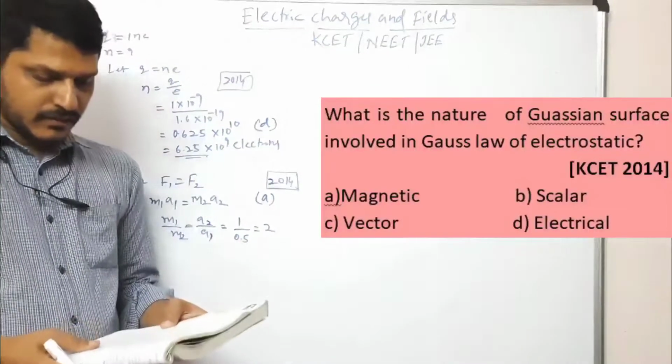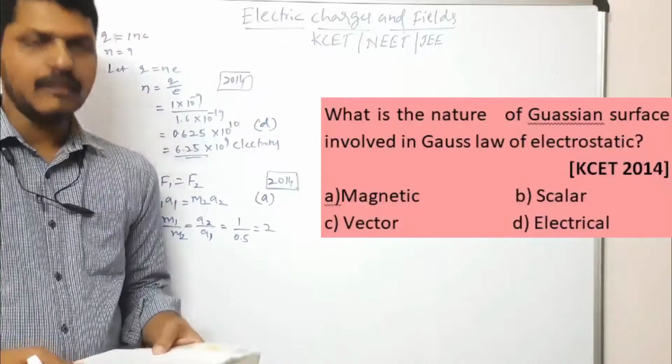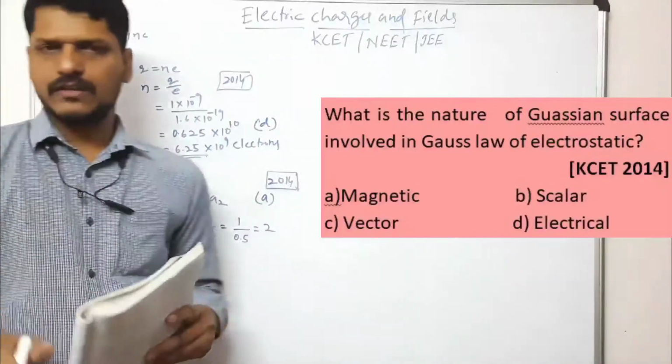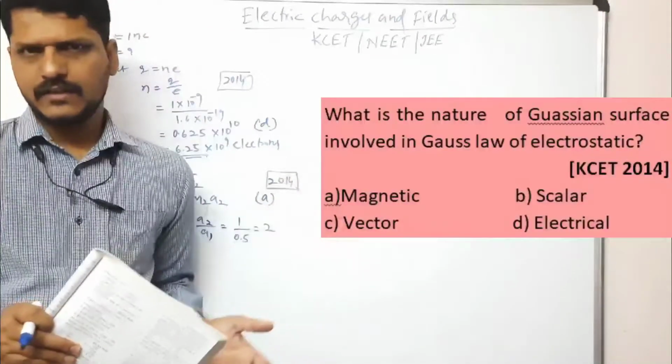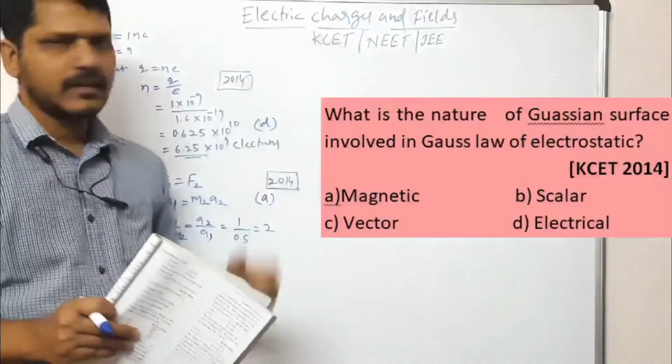What is the nature of the Gaussian surface involved in Gauss law of electrostatics? Gauss law comes in both places: Gauss law in electrostatics and Gauss law in magnetism. Here we are studying about electric charges and fields.